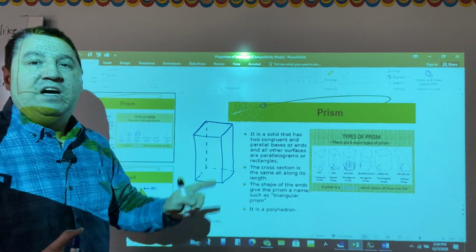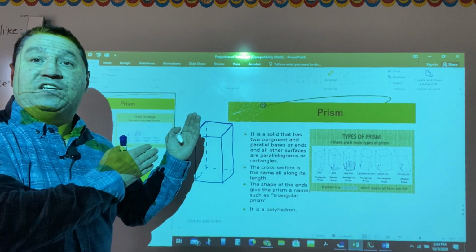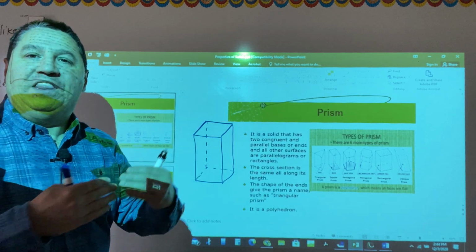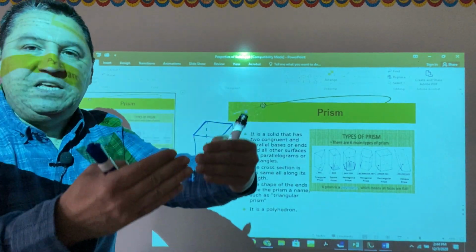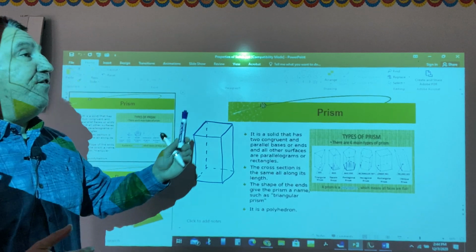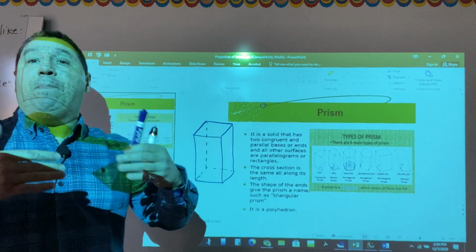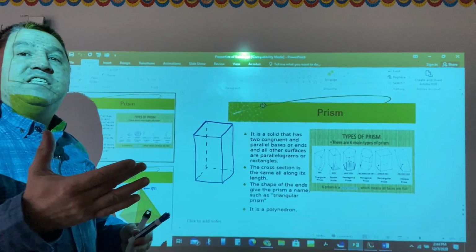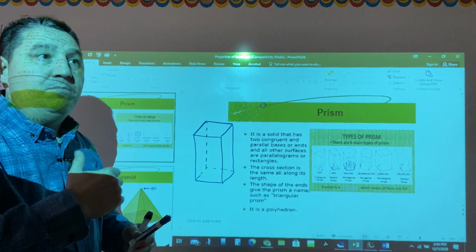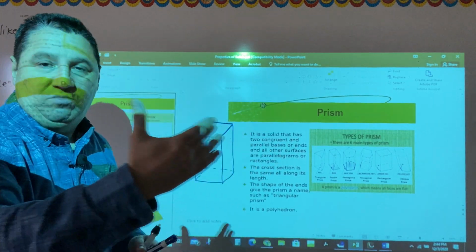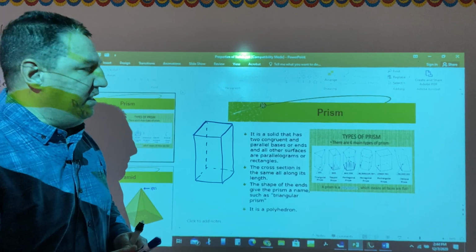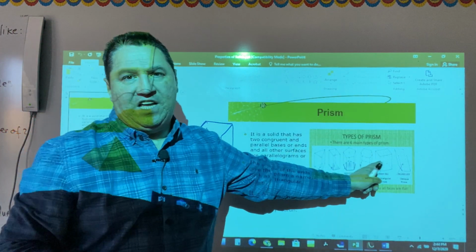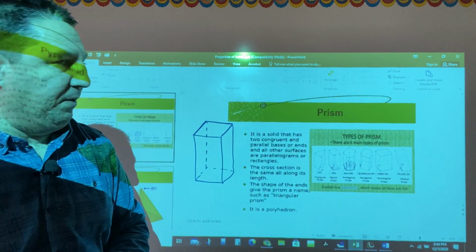If the shape of the base is a rectangle, we call it a rectangular prism. If the base is a triangle, we call that a triangular prism. If the base is a pentagon, we call that a pentagonal prism, and so on. So we have many such types of prisms.